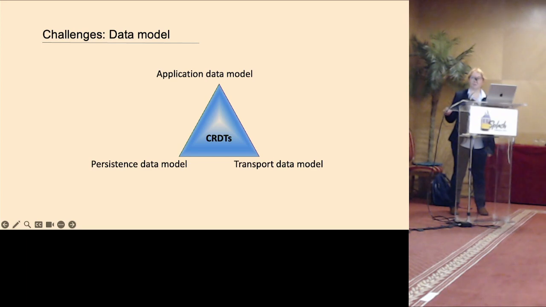Then you have the transport data model, where you don't have the CRDTs, but kind of the stream in YJS of delta updates and so on. And then we have a persistence model, where you want to make sure that you persist stuff. And then you want to be able to debug things. Well, good luck. You're transferring your data between different views. At least for us, I have not found the sweet spot here.